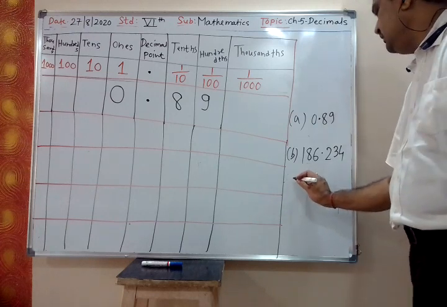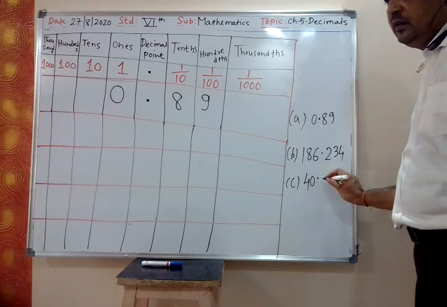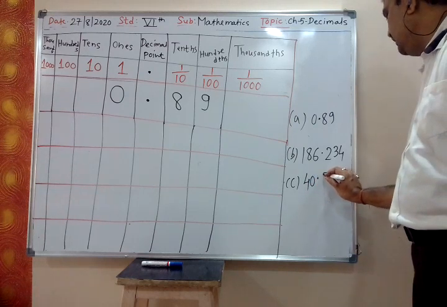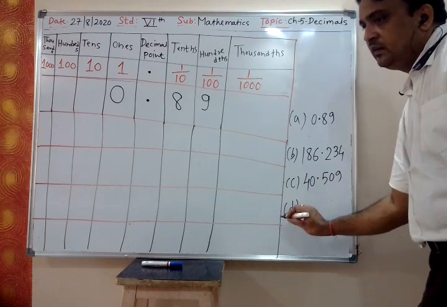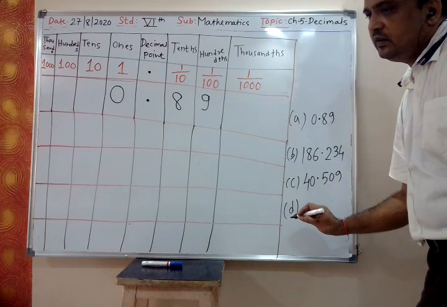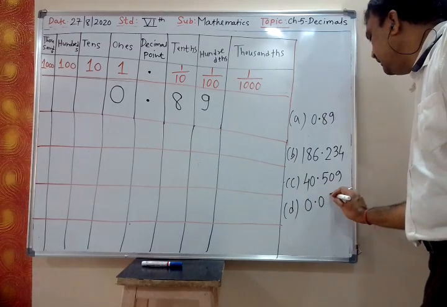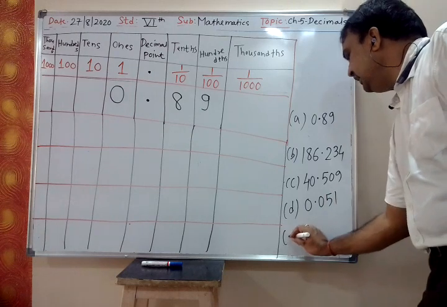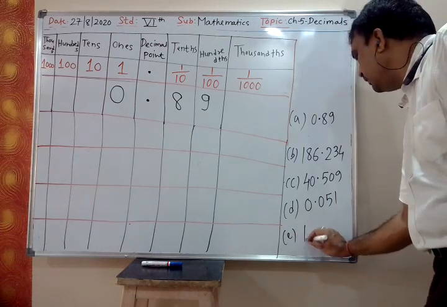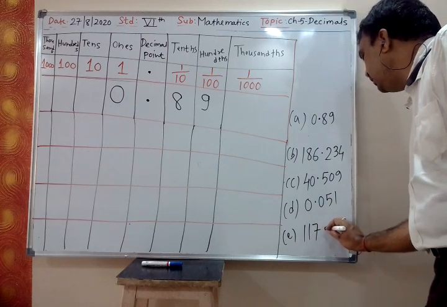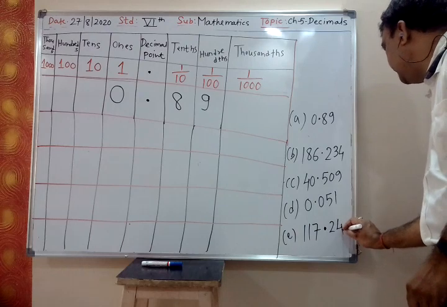C is 40.509. Then D is 0.051. Then E is 117.24. Now I will write all the problems in the same place chart.